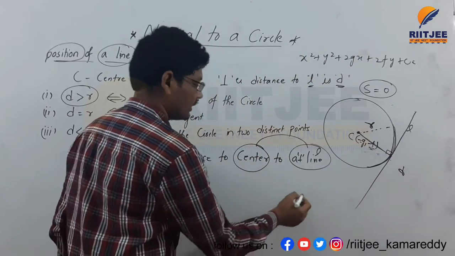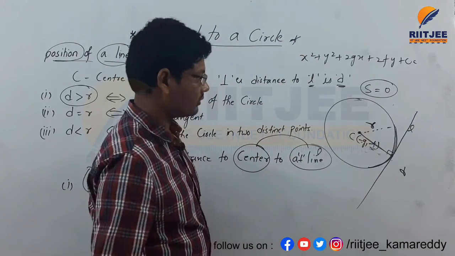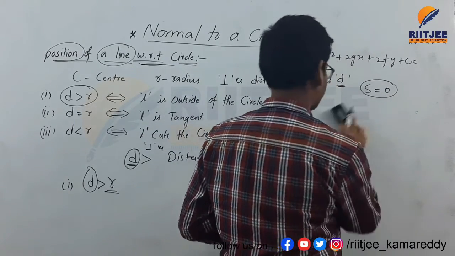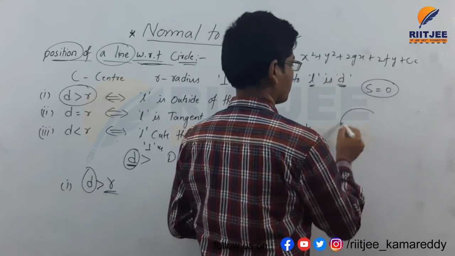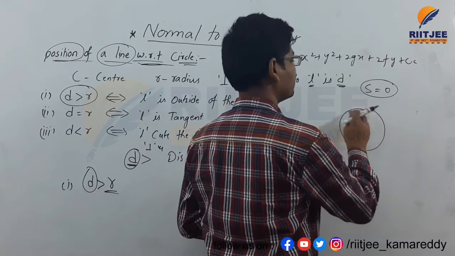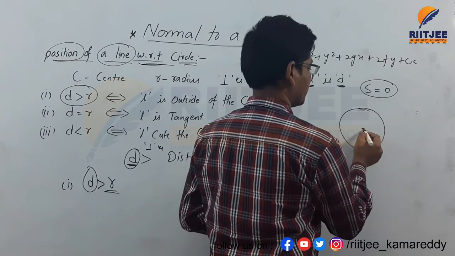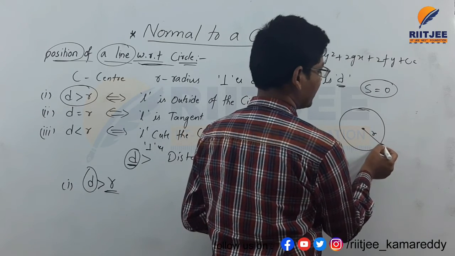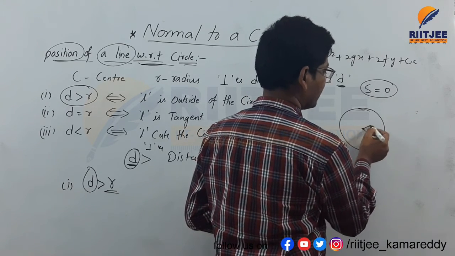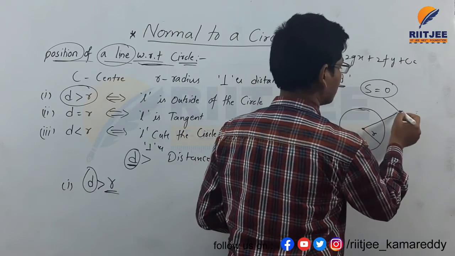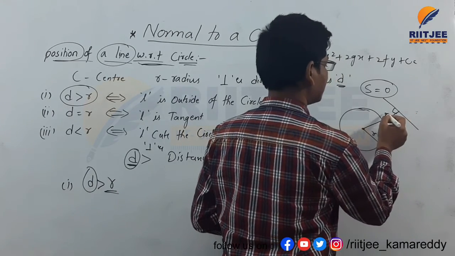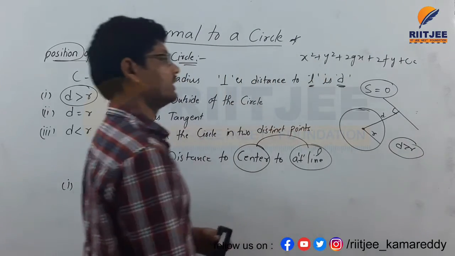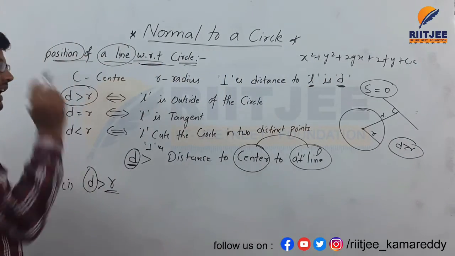Why? Because, let us see the diagram here. This is the circle, this is R, and the perpendicular distance from the center to the line is D. If D is greater than R, then directly you can say it is not a tangent line.